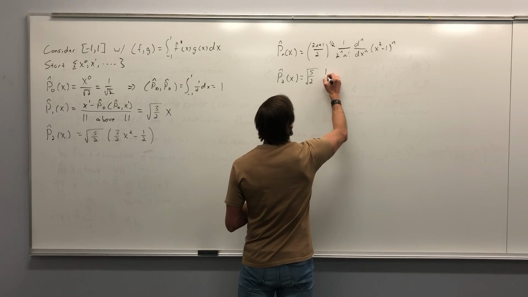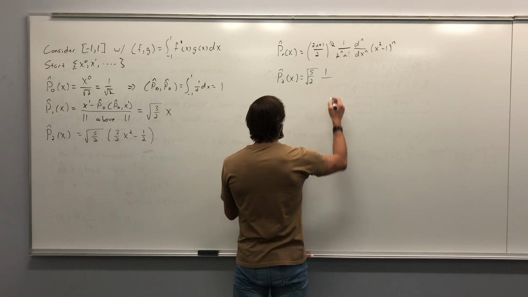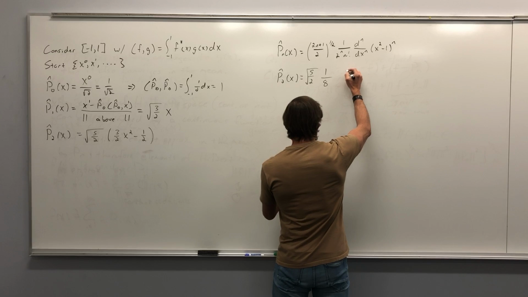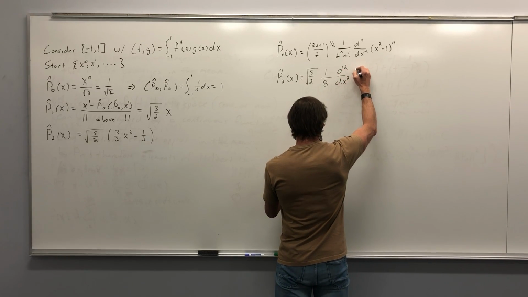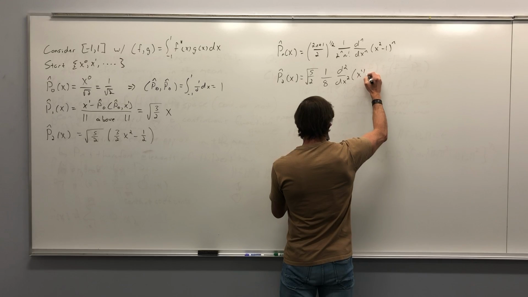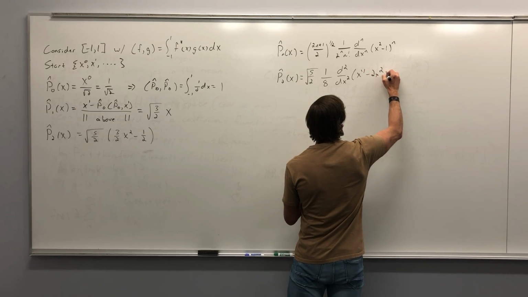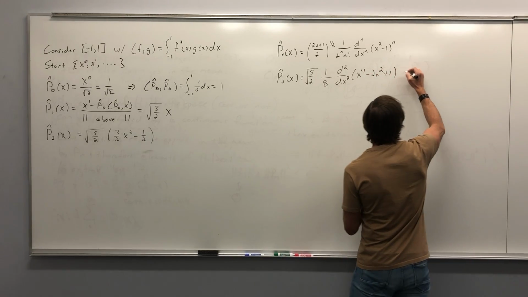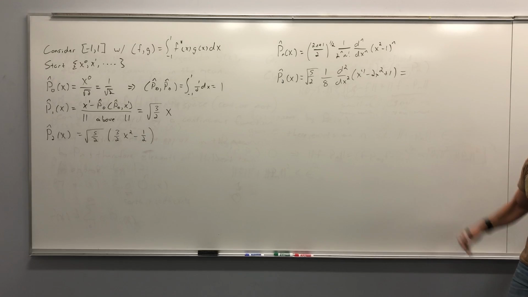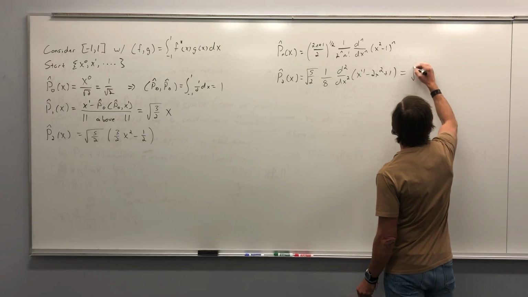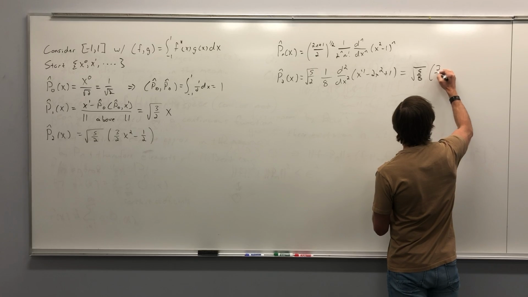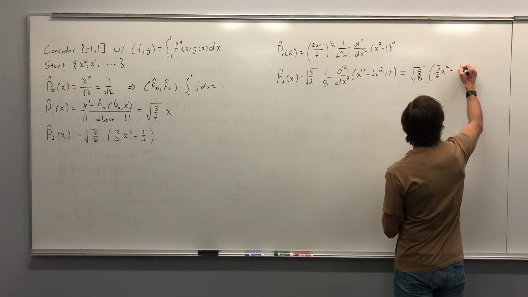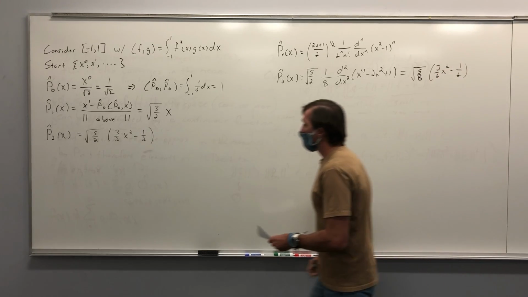All right, 1 over 8, and then we've got d2 dx squared of x to the 4th minus 2x squared plus 1. Well, take the second derivative of that, and there you're going to pop it out.